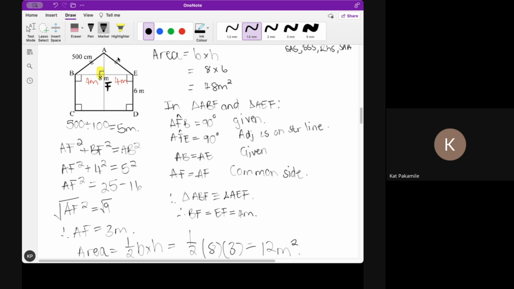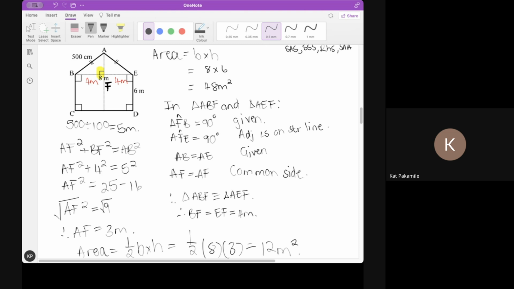On the other side, we didn't get a block, so we can't just assume it is 90. But we know this is a straight line, right? So if angles on a straight line are equal to 180, then the one next to the 90 has to be 90 as well. Does that make sense? That's the only way we can prove that that is 90.